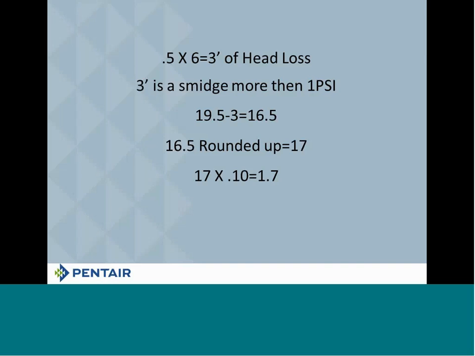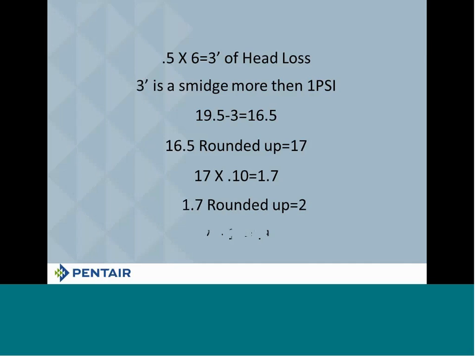Now, if I take 10% of 17, and that little shortcut that we're going to put in here is if you don't want to do all the math, just go ahead and take 10%. So 10% of 17 is going to equal 1.7.